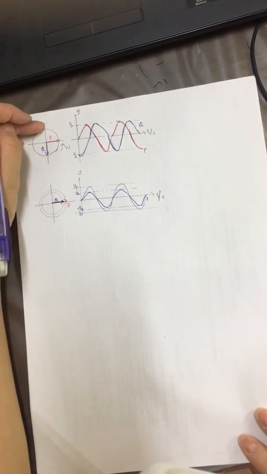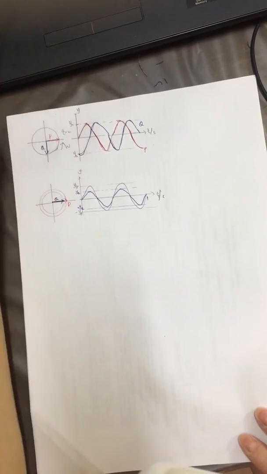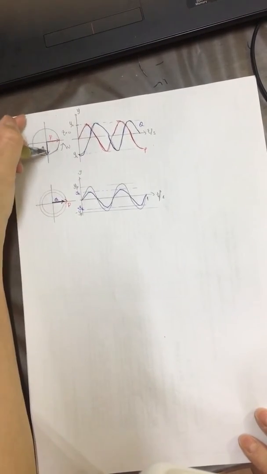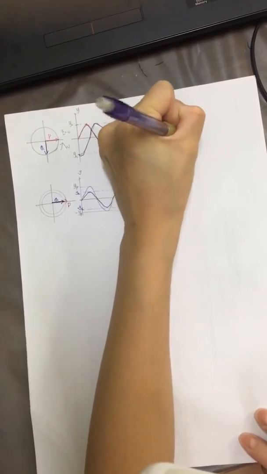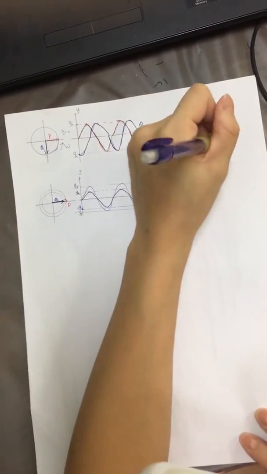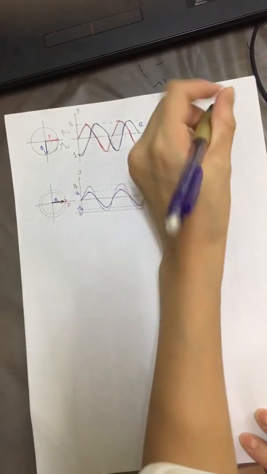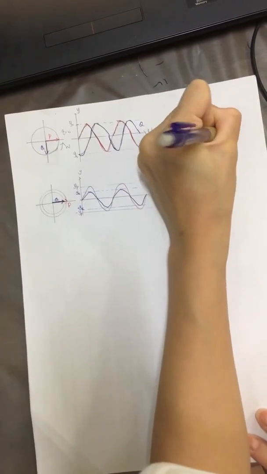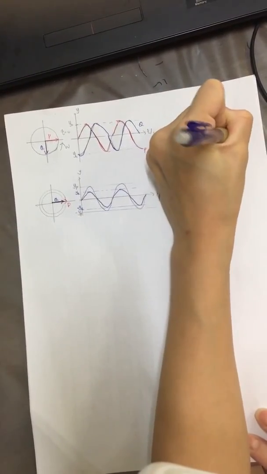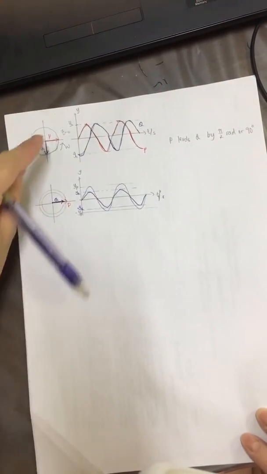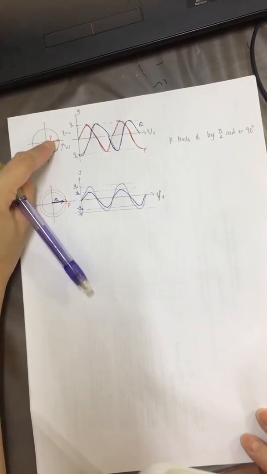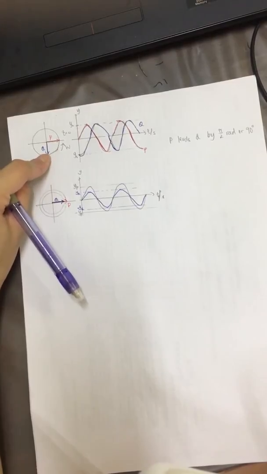In other words, when t equals 0, P will lead Q by pi per 2 radian or 90 degrees. You can look at this: P is leading Q by 90 degrees.